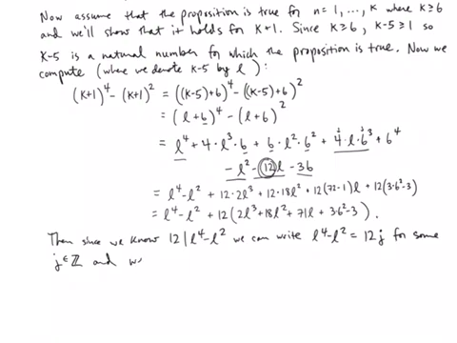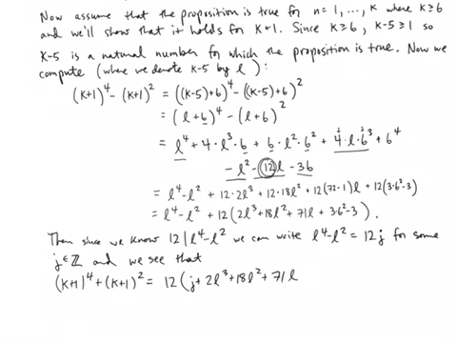And we see that (k+1)^4 + (k+1)^2 equals 12 times (j plus this whole thing, 2l^3 + 18l^2 + 71l + 3 times 6^2 - 3).